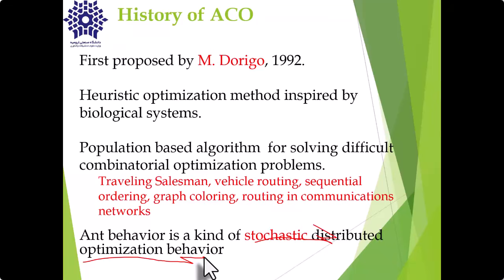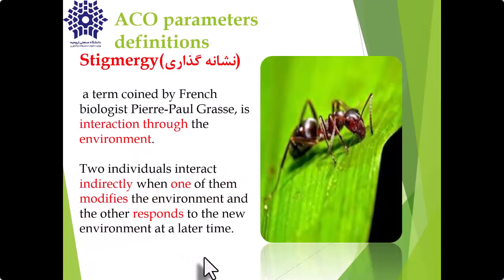So every ant has its own path, its own direction. Then each ant uses stigmergy, it is sampling, signing the paths it travels. A term coined by the French biologist Pierre-Paul Grassé, it is interaction through the environment.